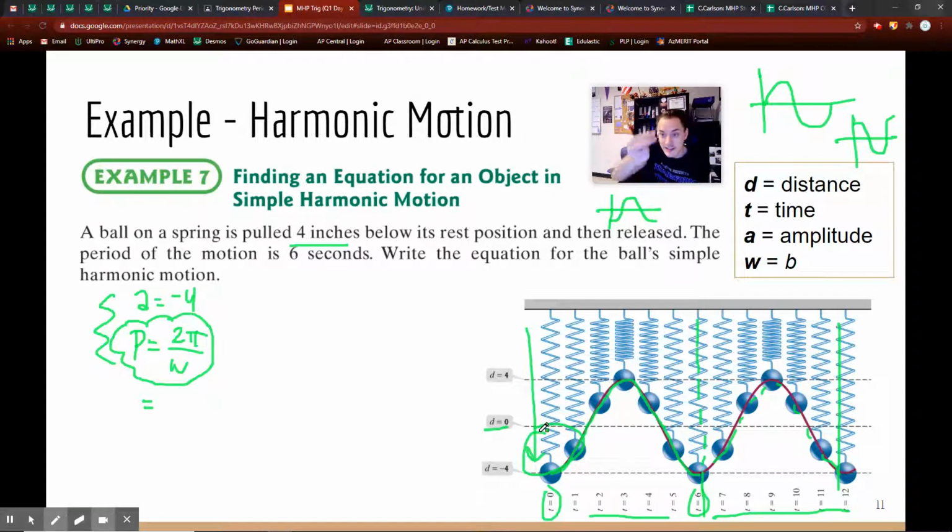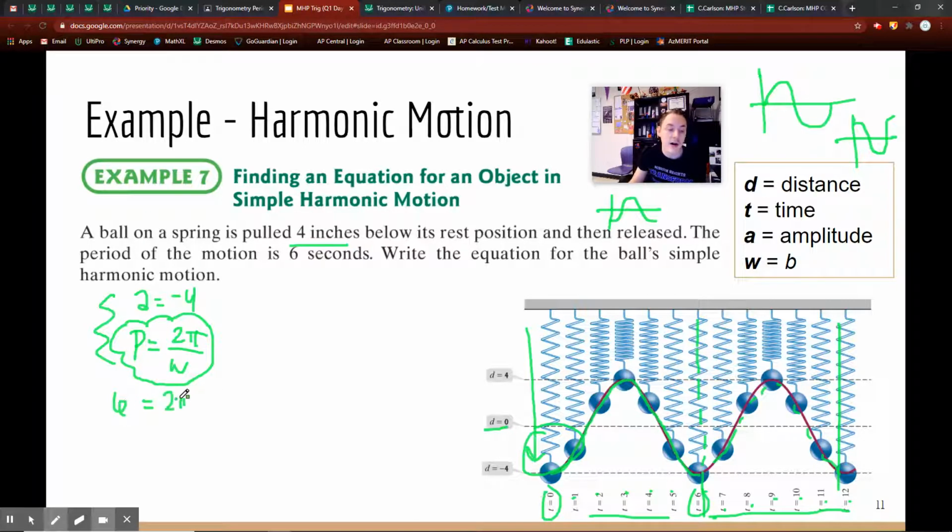So yes, this is like the beginning, but it's still t sub 0, and we don't count t sub 0. It's just t sub 6. Right here is where it ends, and then also right here is where it ends. So we don't count that. That's the beginning. So 1, 2, 3, 4, 5, 6. So our period is 6.